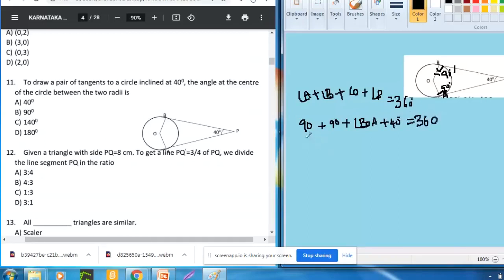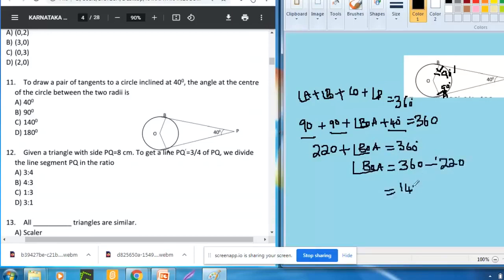The sum is equal to 360 degrees. 90 plus 90 plus 40 gives you 220, plus angle O is 360 degrees. So angle O or angle BOA, which is the same, is equal to 360 minus 220, which gives you 140 degrees. So the correct option for this question is C.